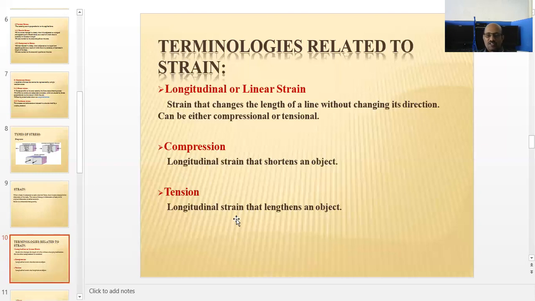Compressive stress and tensile force, the same thing will be there. Here there is a decrease in the length, and here an increase in the length. That is the only difference. But there is no unit for strain, whereas stress has a unit, because we are applying load per unit area.